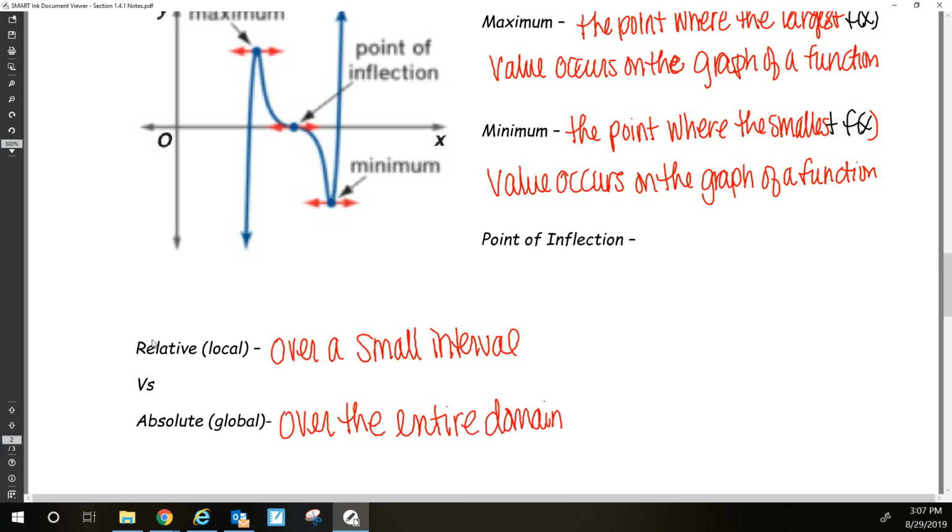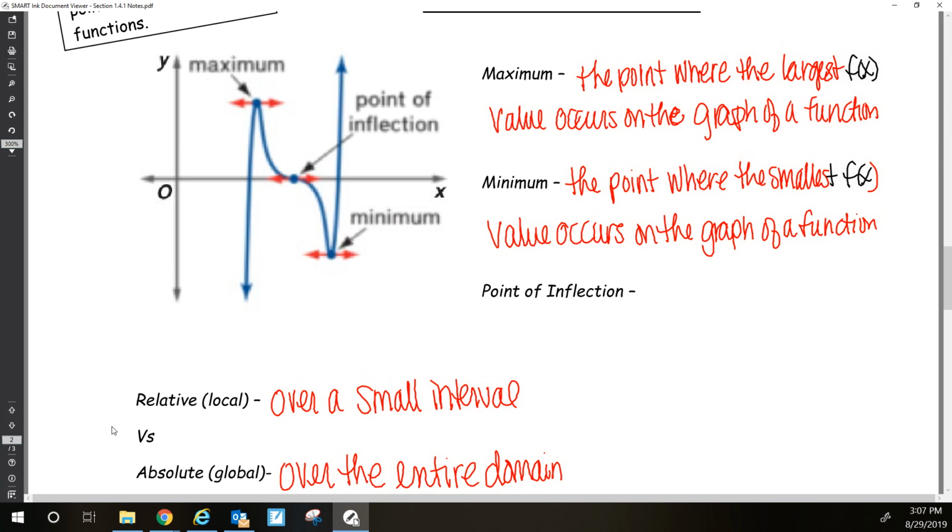Looking back up at this example that we have, do we have an absolute maximum? Is there a point on this graph that you can say for the entire graph, this is the highest point? No. This is the highest point for part of the graph, but it goes higher here. As we go, it's going to go on and on to where? Infinity. It's going to keep getting higher and higher.